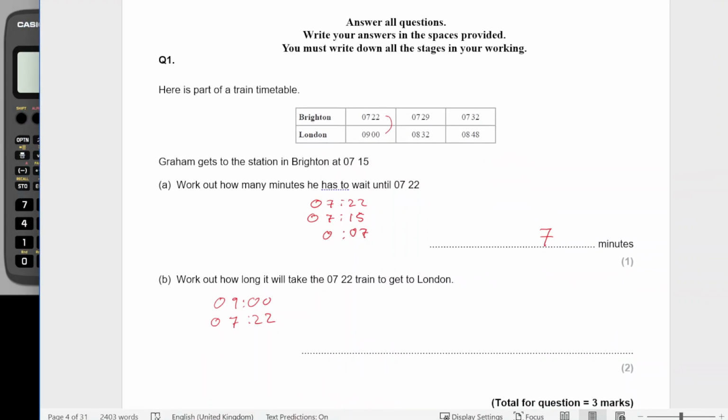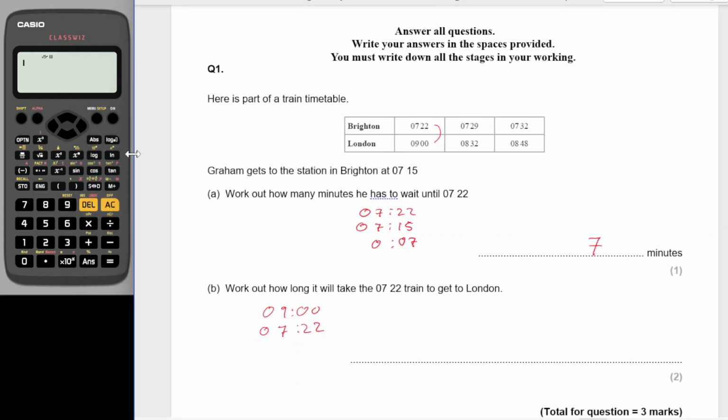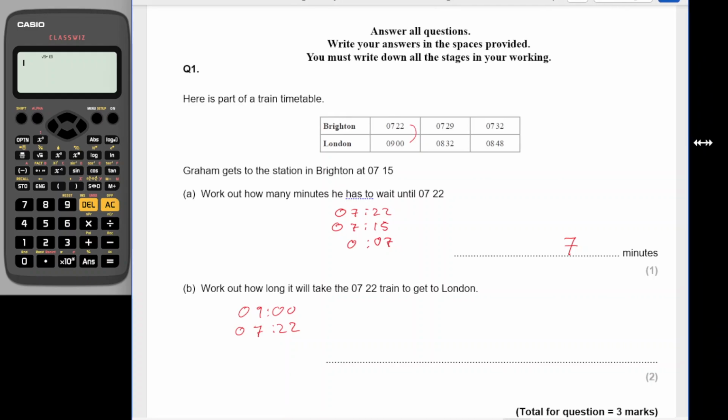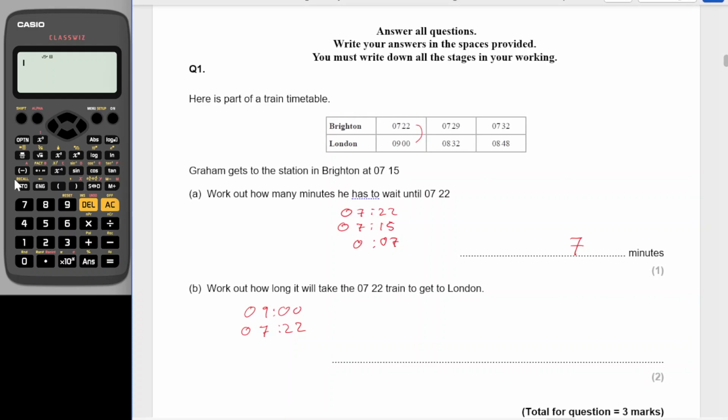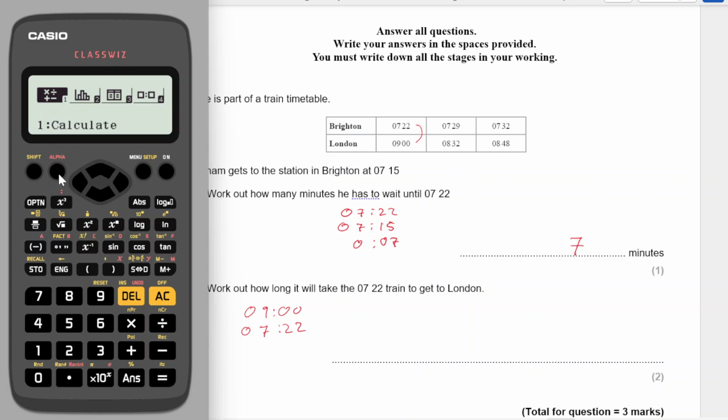Right, if I can just edit my paper slightly, bring my calculator in without getting rid of too much. On your calculator, I'll make this really large so you can see, you've got this time function. So we can type this in as 09 hours and 00 minutes.